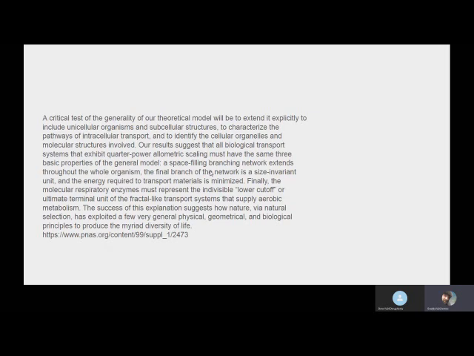Our results suggest that all biological transport systems that exhibit quarter-power allometric scaling must have the same three basic properties of the general model. A space-filling branching network extends throughout the whole organism. The final branch of the network is a size-invariant unit.